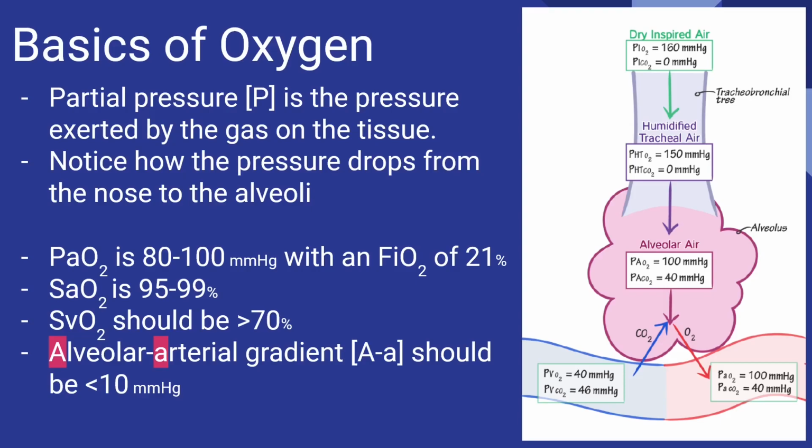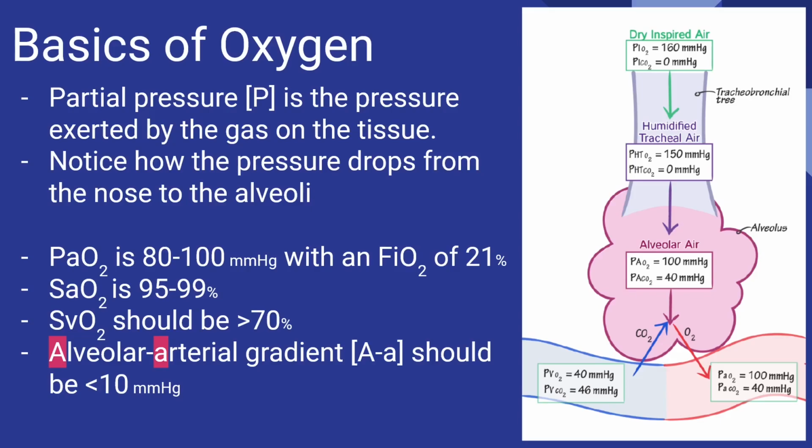As we inhale these gases, they decrease in pressure as we get further down into the lung. That's what helps the gases transfer from the alveoli to the actual blood.